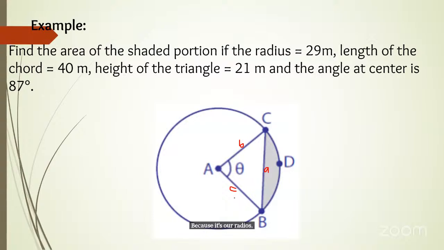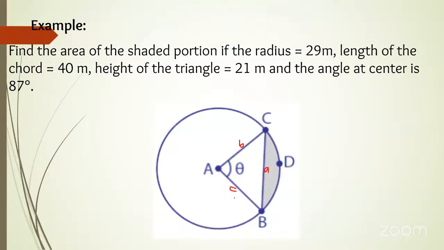And what would be C? 29 as well, because it's also a radius. And BC would be what? 40. How do we know that it is 40? Because it is a chord. So yes, we could use that. So we could use Heron's formula, or we could use half base times height.